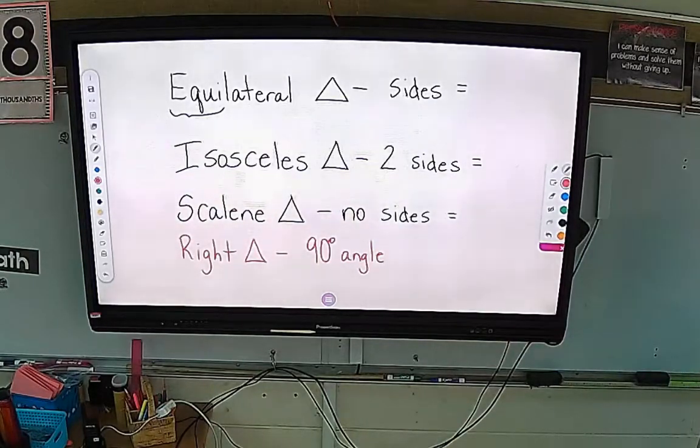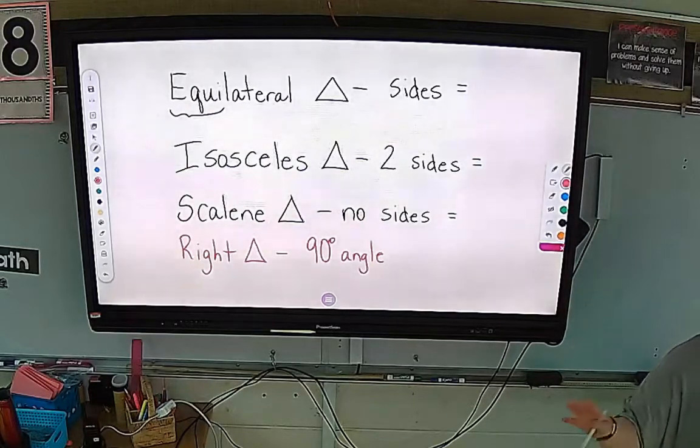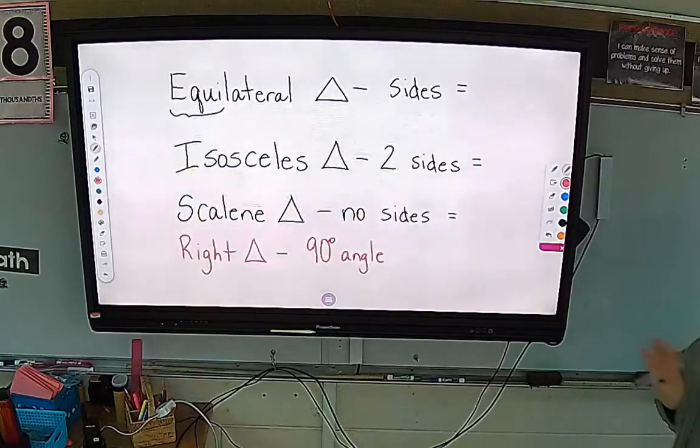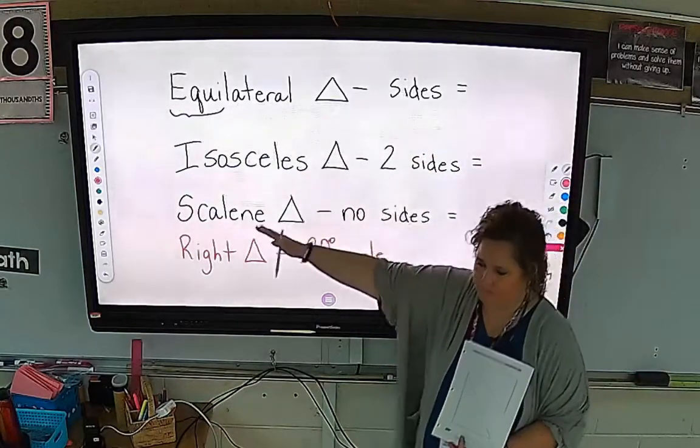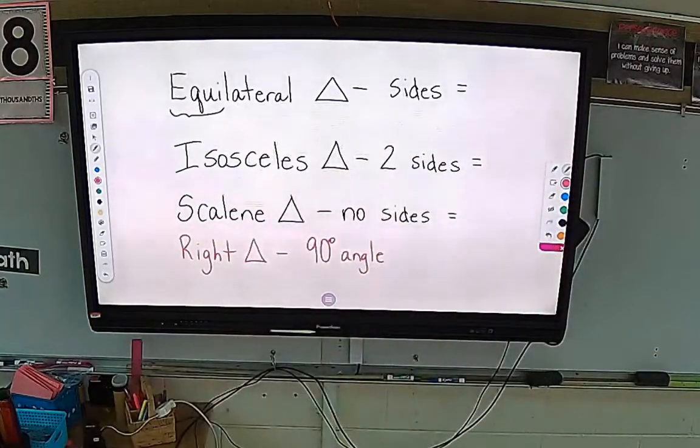Let me tell you something else that's really neat about a triangle. Since we're talking about their angles, every single triangle, no matter the size, no matter the shape, every angle inside of it is equal to 180 degrees.